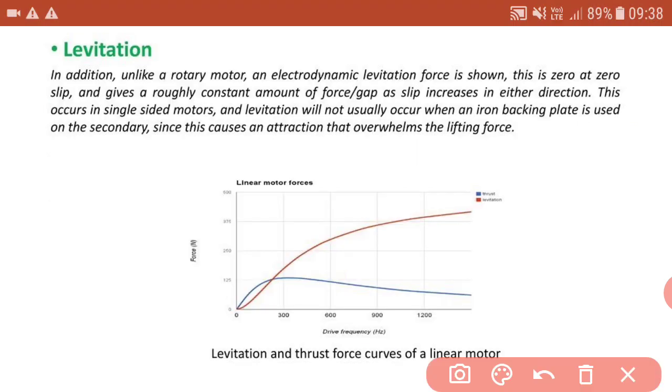Okay, so here we can see the graph of force versus drive frequency. So this is the typical relationship of linear motor forces.